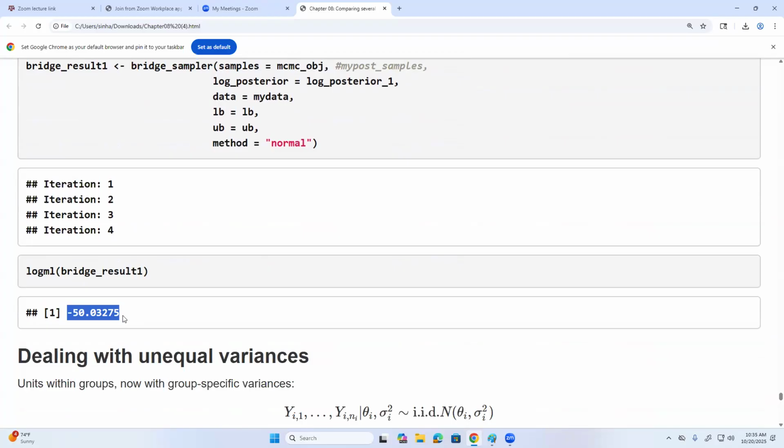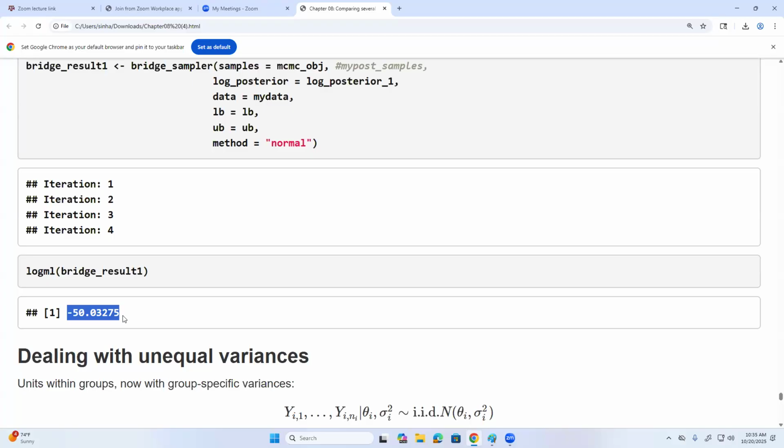So which marginal likelihood is larger? Tell me. Previously it was minus 55. This time it is minus 50. And you take e to the power, so it is about e to the power 5. If I calculate the marginal likelihood of the null over the alternative, then it is e to the power minus 5.